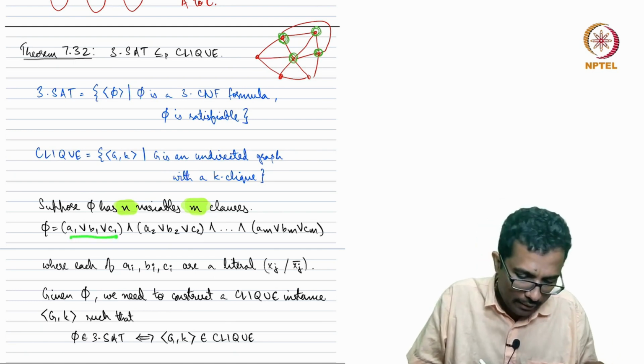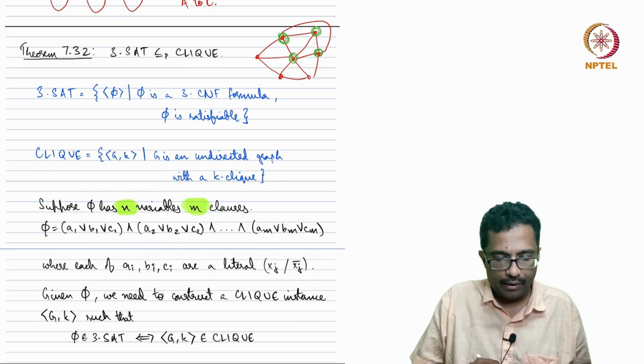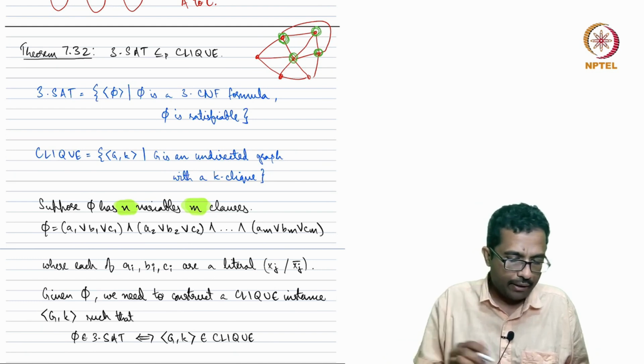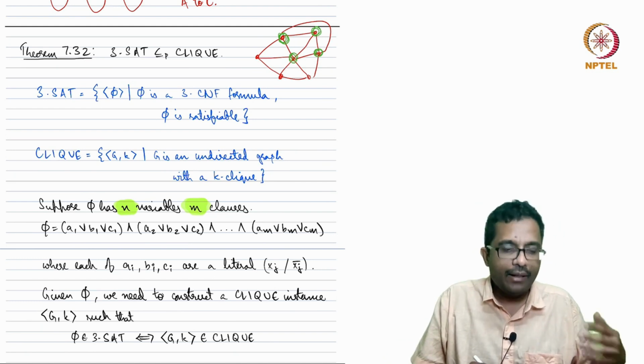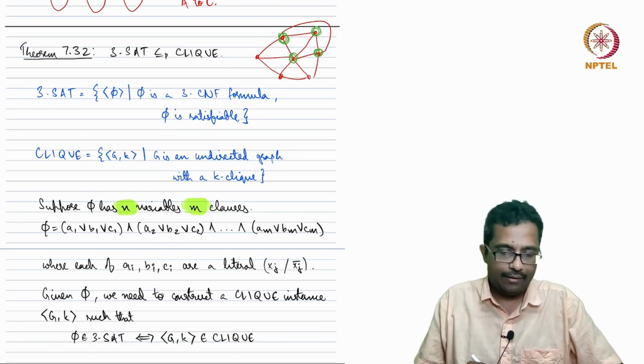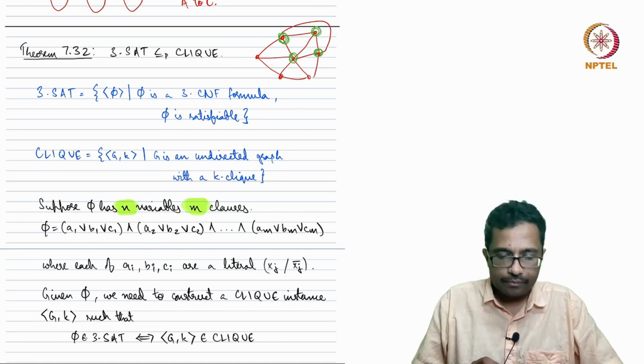So you will have (A1 or B1 or C1) and (A2 or B2 or C2) and so on, finally (Am or Bm or Cm), right? This is how the formula will look, where each of A1, B1, C1 may be x1, x1 complement, x2 complement, x3 complement, anything, or xj complement in general.